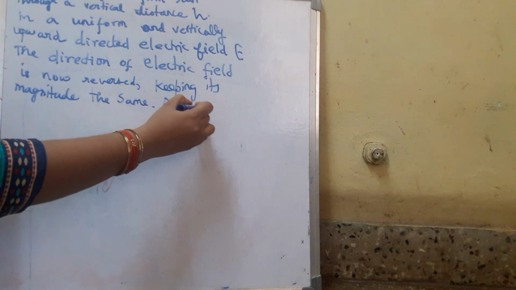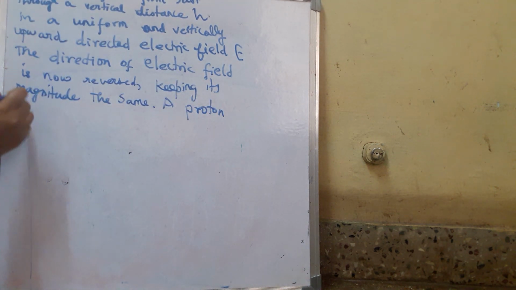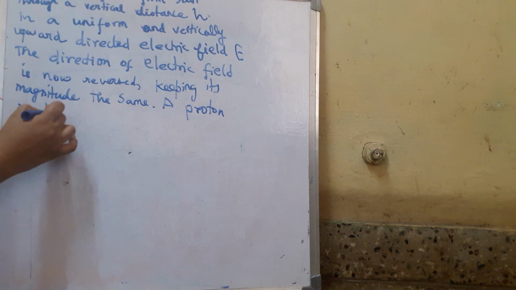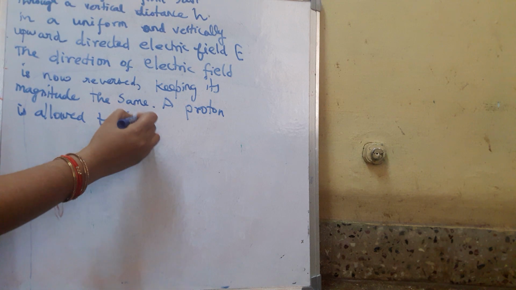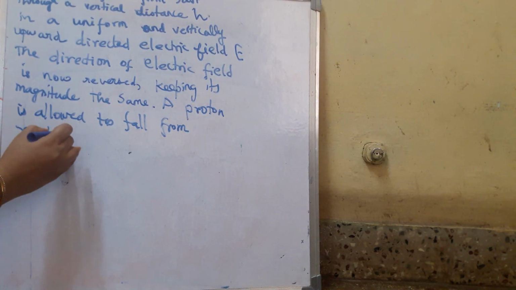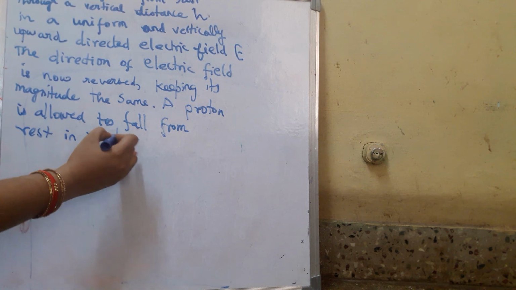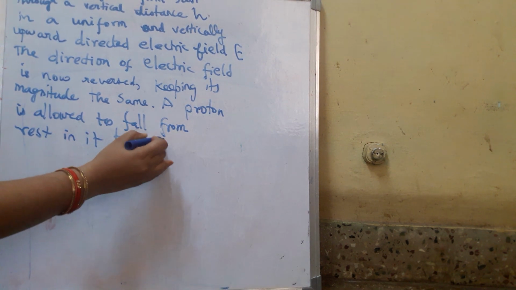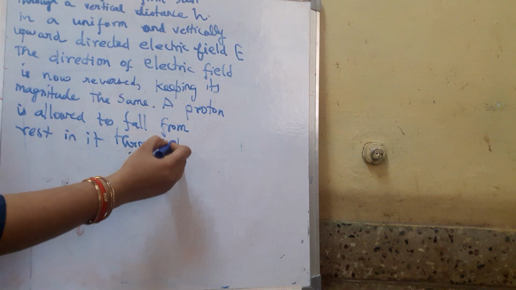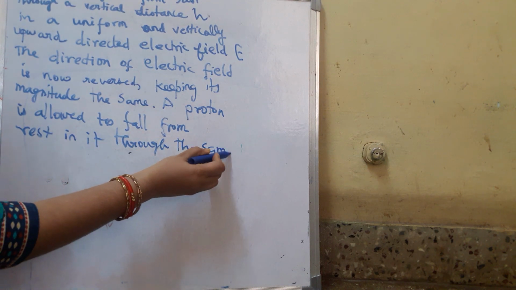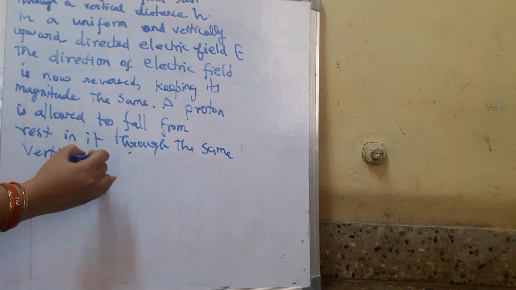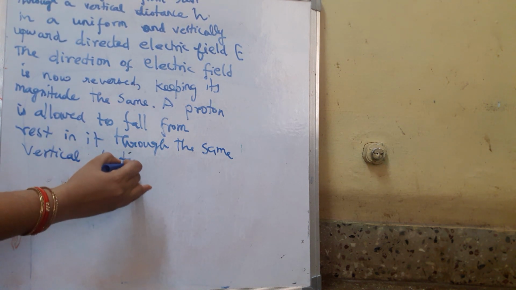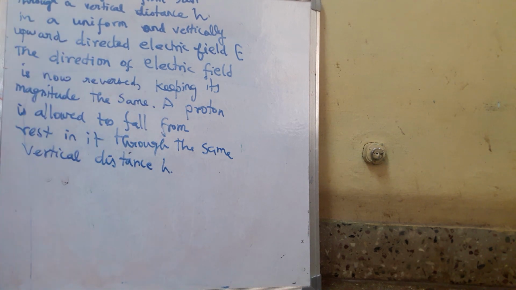A proton is allowed to fall from rest in it through the same vertical distance h.